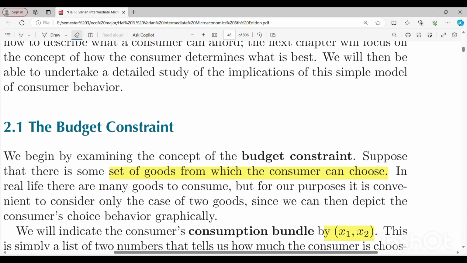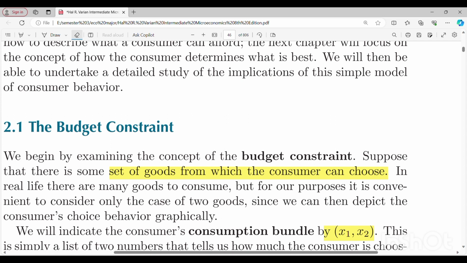So here we use the two good theorem, where there will be only two goods in our consumption bundle, X1 and X2. In real life there are many goods, but for convenience in economics, we use the two good theorem. A two-dimensional graph will be used here.